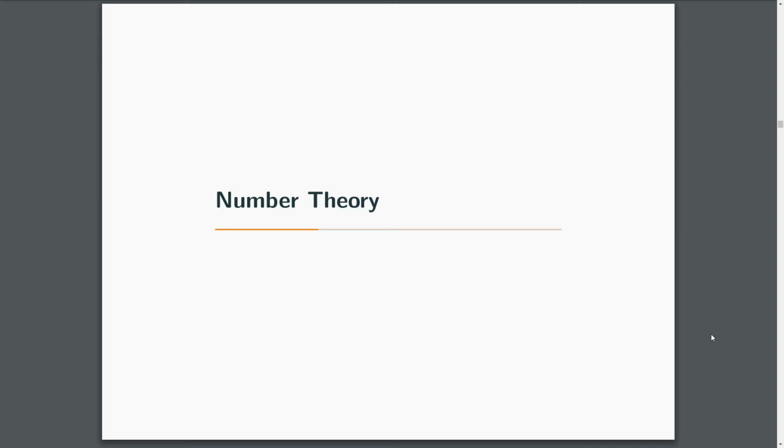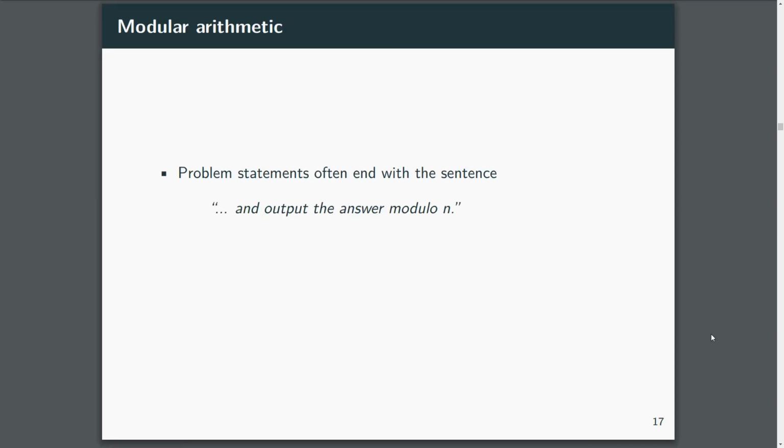So next up is number theory. We've seen a couple of these problems so far. They ask you to output the answer modulo n. And what this tells us is that we can do all the computations in the problem, or at least most of them, with the integers modulo n.